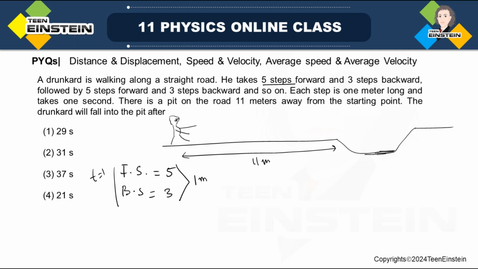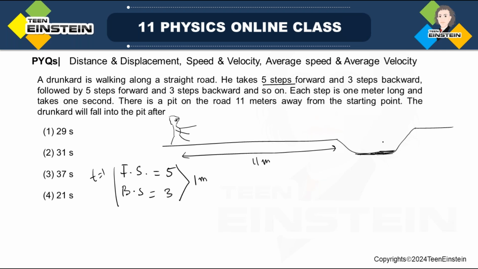After 11 meters there is a pit on the road, 11 meters away from the starting point. That means when he reaches 11 meters, he will fall into the ditch or pit.